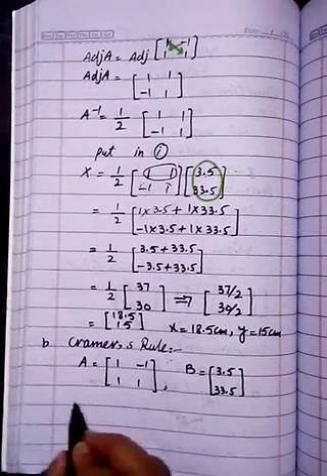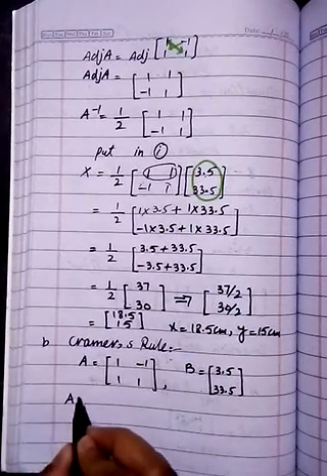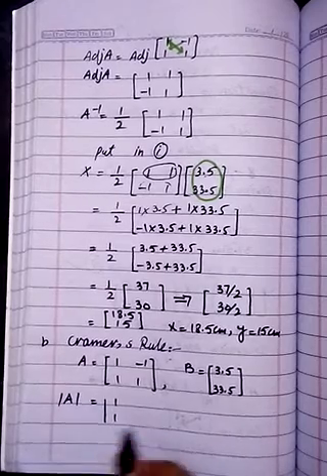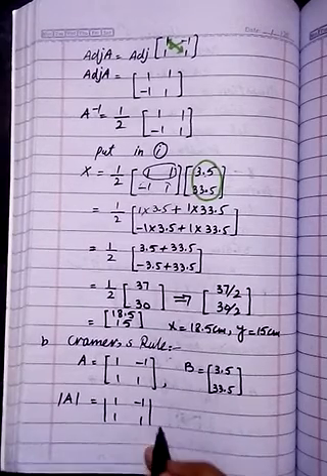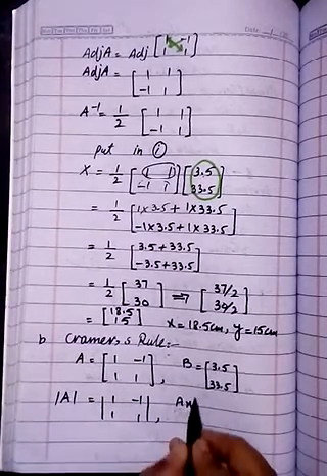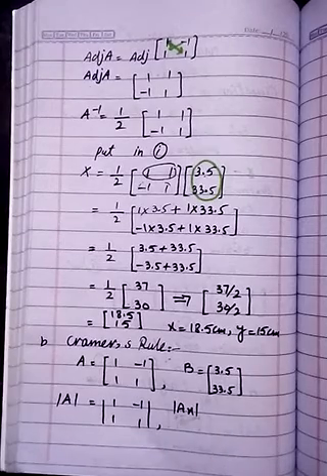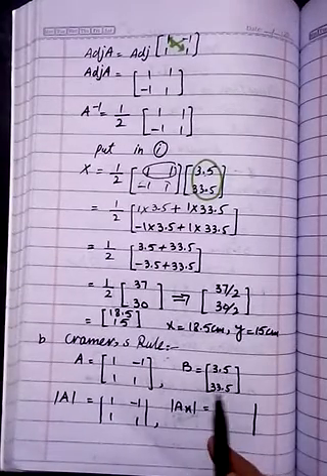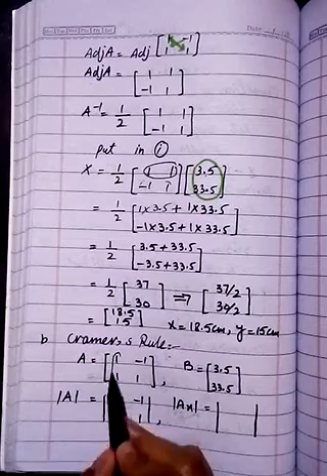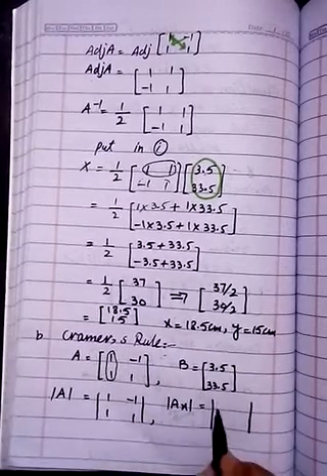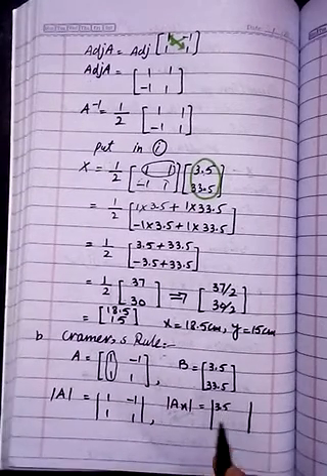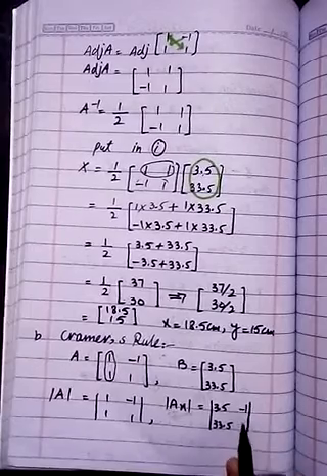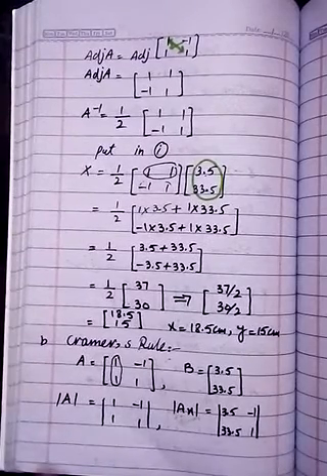First take the determinant of A, then the determinant of Ax. Ax means you replace the x coefficients with the B matrix values, so you write 3.5, 33.5, and the y coefficients are written as they are.